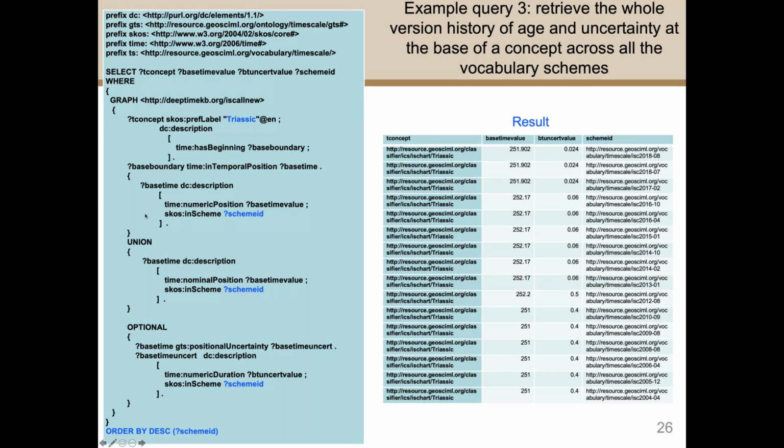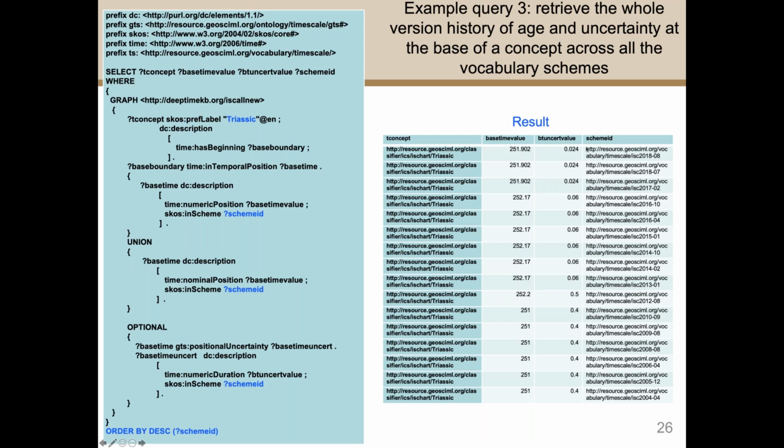Usually when we write the SPARQL, we can make a very small change to the code we used in the previous two use cases. We just use a variable to represent the scheme ID instead of a certain scheme ID here. And then at the end, we use an order by descending of the scheme ID, so from the latest version to the oldest version.